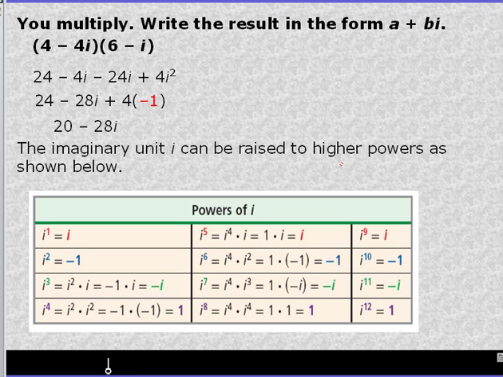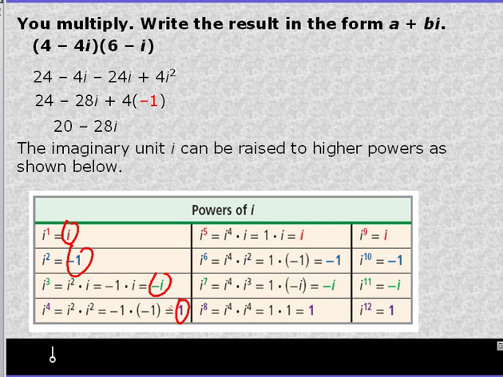And then if we go up from there, i to the fifth is i, which is the same as this. i to the sixth is negative 1, so you can see now we start repeating. So powers of i are going to either end up being i, negative 1, negative i, or 1, depending on the power. And we're going to use this repeating pattern to help us simplify expressions that have powers of i greater than 2.